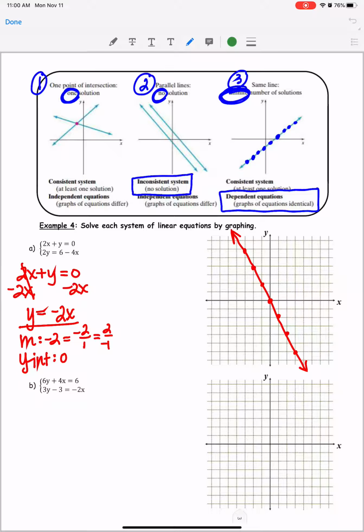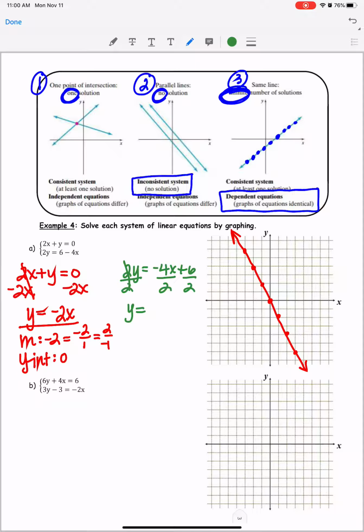Okay, let's now take this second one. I'm going to switch these right here because we want this in y equals mx plus b form. So this is 2y equals negative 4x plus 6. Notice when I switch it, this 6 needs to stay positive, that 4x needs to stay negative. Here all I'm doing is dividing everything by 2.